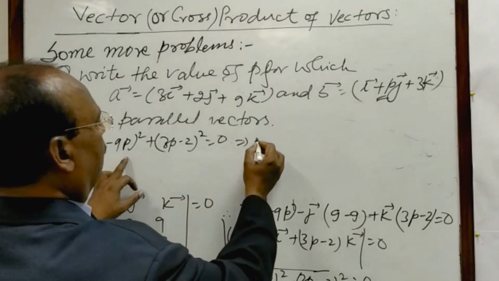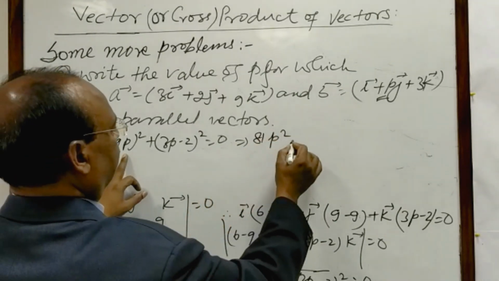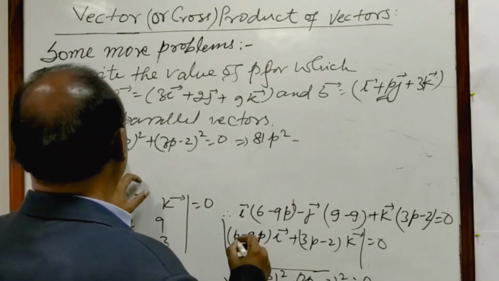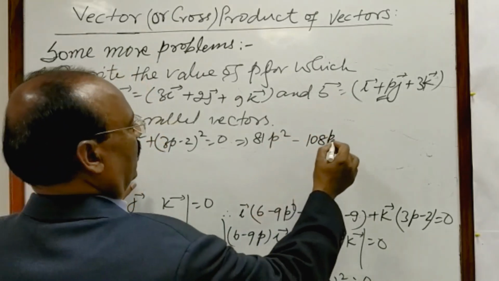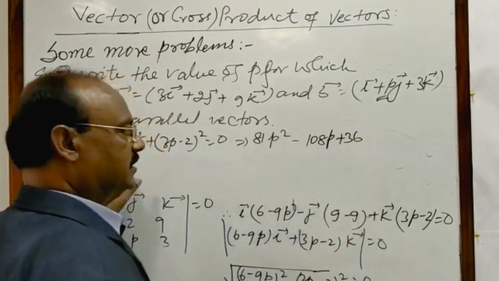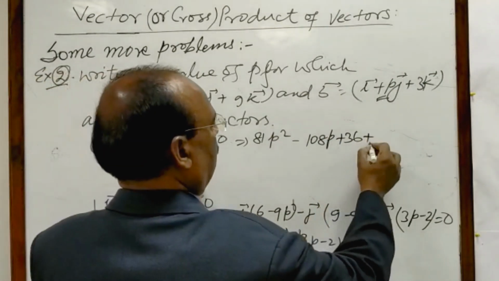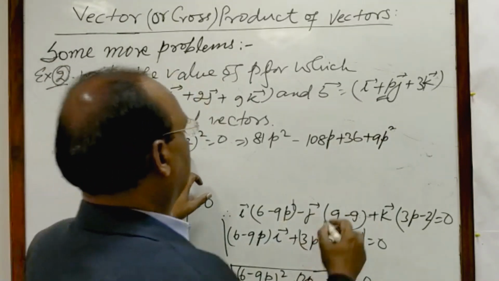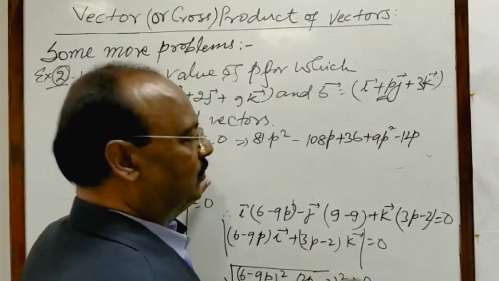This implies 81p square minus twice a b, 108p plus 36, and from the other term we will get plus 9p square minus 12p plus 4.